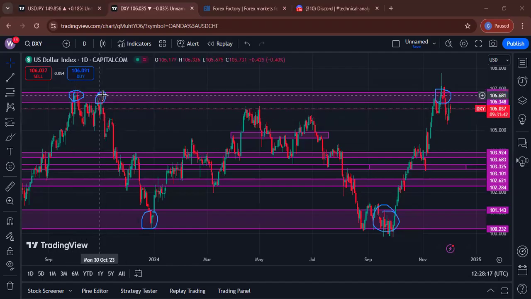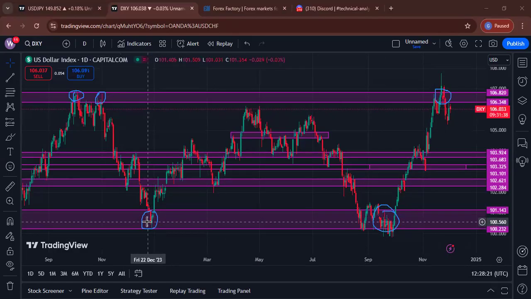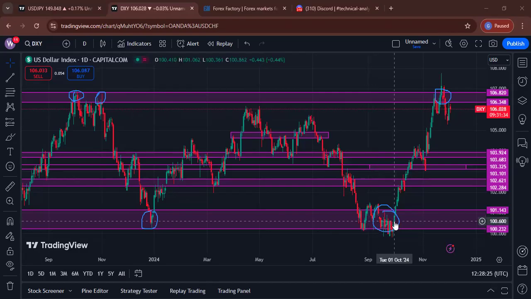You have this supply area here, and this demand here, and this demand. I mean, still the same demand, but multiple times here and here. What do you notice about these levels? Price is consolidating between those two levels. Mm-hmm. Anything else you notice about these levels?